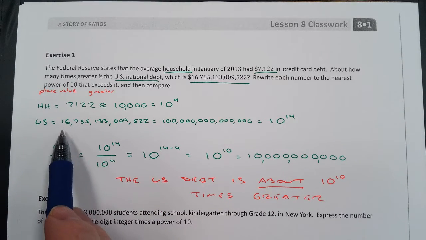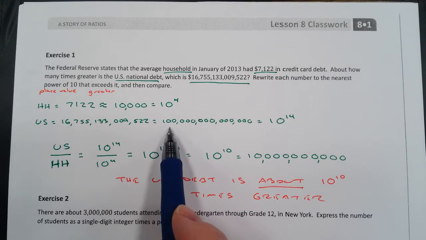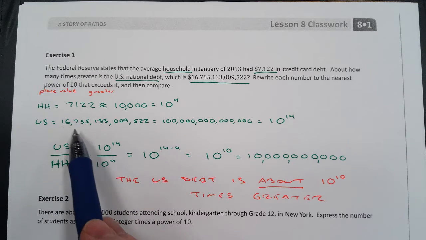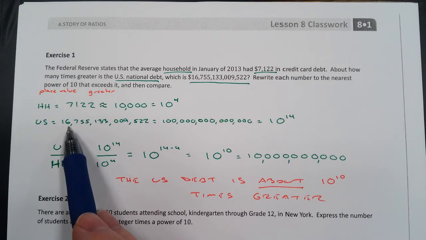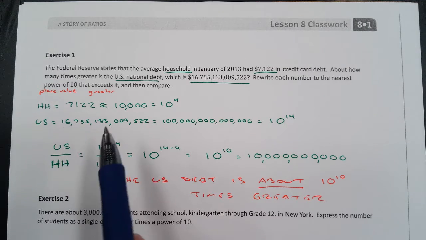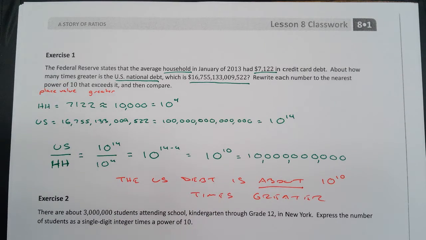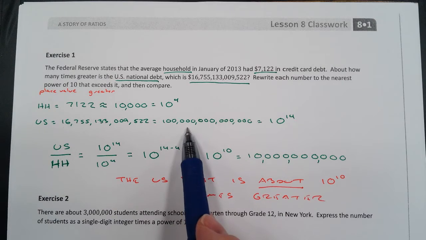But look here, we had 16 trillion, and we estimated all the way up to 100 trillion. When we estimated, we went up almost $84 trillion. That was a huge jump up. So even though this is an approximation, it's not a super close approximation.